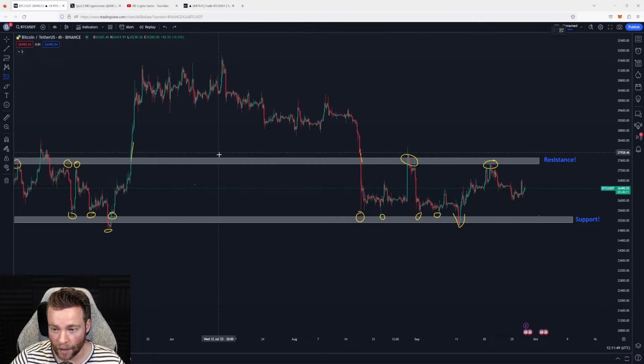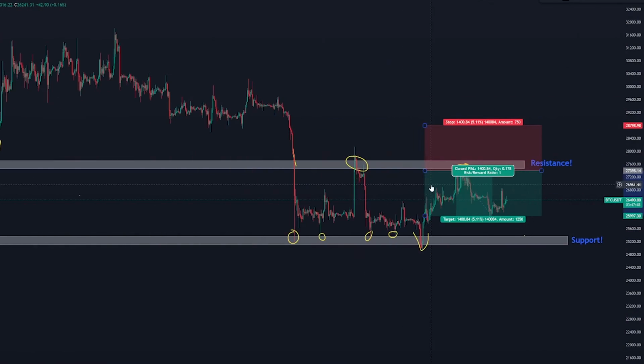So what I usually do is I check the bottom of the box, which in this example would be 27,470. And then a bit below is where I would be opening my short. So let's say 27,470. What I usually do is I go down a tiny bit. So around here, for example. That's 27,398. So 27.4K is where I would be opening my short.